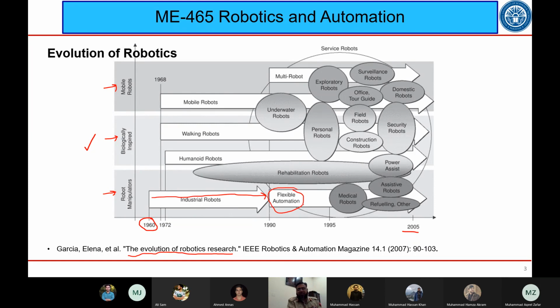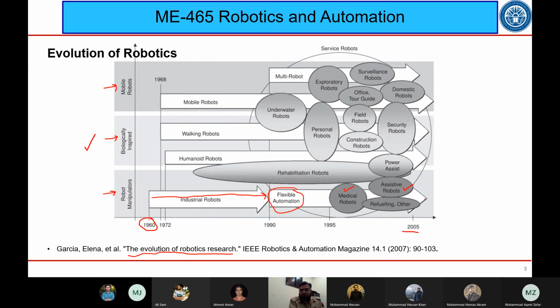Flexible automation is a type of automation which we will study in the second module of this course also. These industrial robots were coupled with flexible automation, and then we started using them with medical robots, then assistive robots, and other kinds of applications.